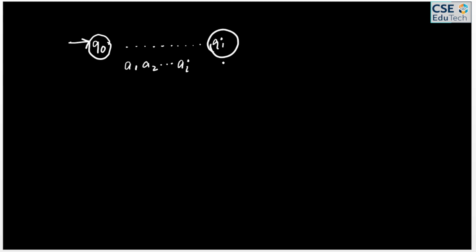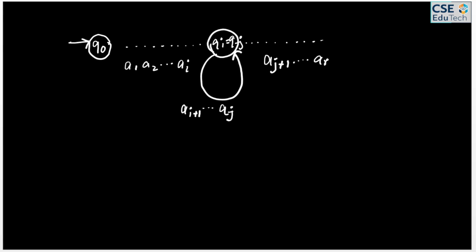And because we have mentioned that some state Qi is equal to some state Qj, we partition the string like that: the string a(i+1) to aj will be traversed here, so that Qi is equal to Qj, and from this state, after reading a(j+1) to am, it will reach some state, that is Qm.